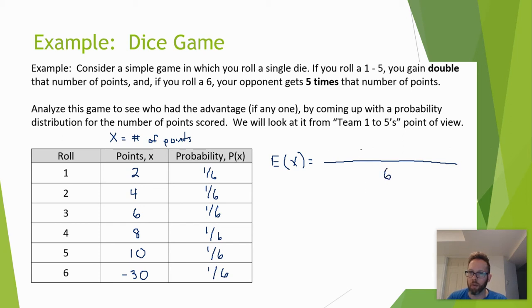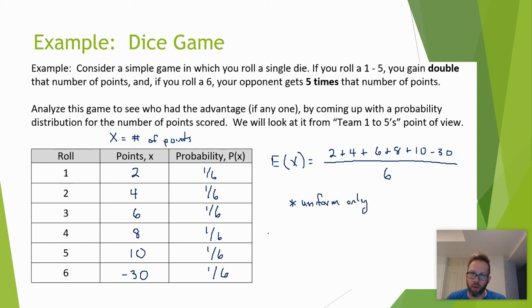And we're multiplying each one of our outcomes by 1 out of 6. So 1 times 2 is going to be 2. 1 times 4 is just going to be 4. So just like in a uniform distribution, you can just add up the outcome values, 2 plus 4 plus 6 plus 8 plus 10 minus 30, and divide by 6. This shortcut works for uniform only.